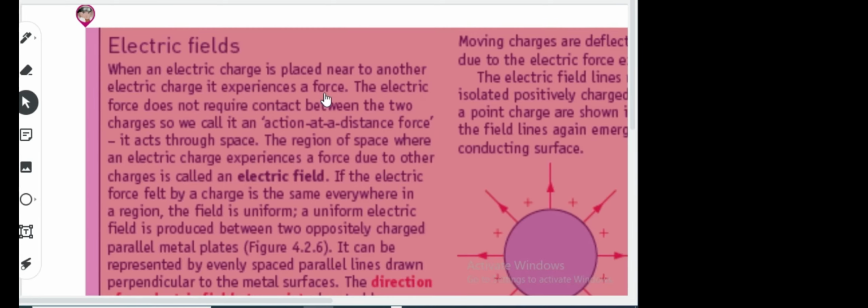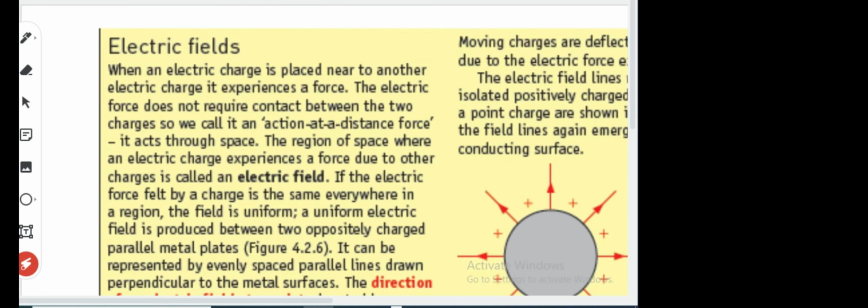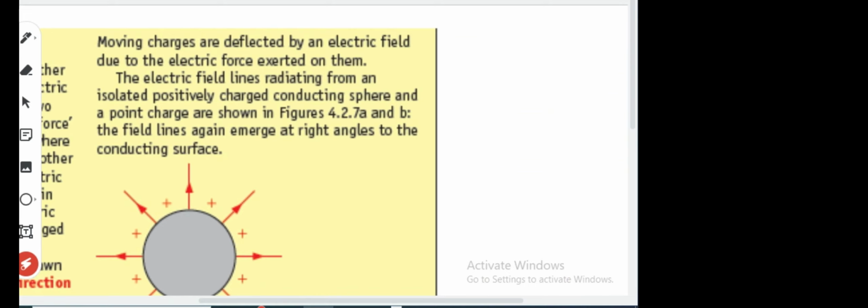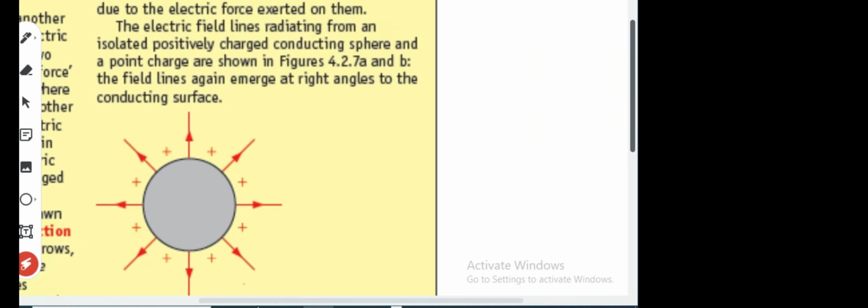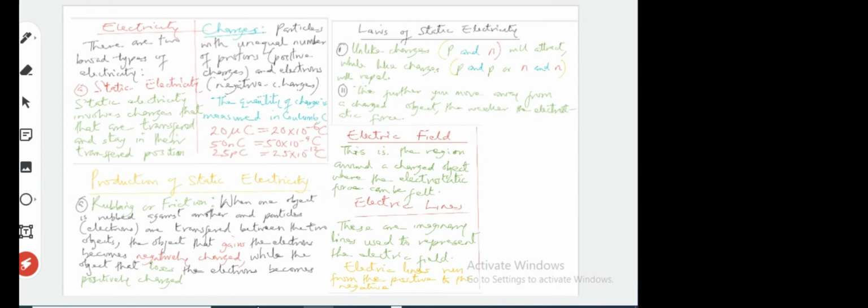Electric field patterns. Now, if you have a charged object that is spherical like this, this is the kind of pattern you get. Let me zoom it in so that you see it properly. Remember I told you that electric field lines run from where to where? Let me remind you. Go to the previous page.